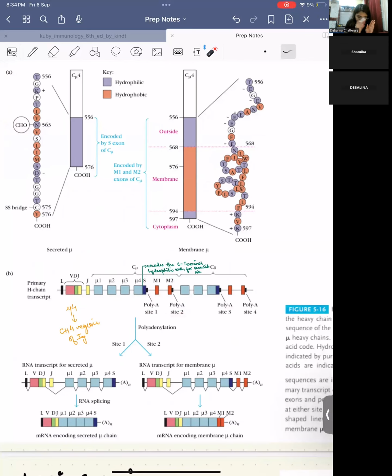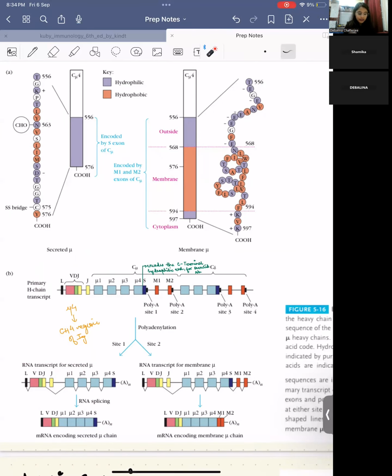If the RNA processing happens in a way that poly A addition happens here, we will not have these M1, M2 regions, which ultimately get translated as the hydrophobic domain of the protein. So if polyadenylation occurs here, this is what forms, and the RNA transcript is going to be for a secreted form of antibody.